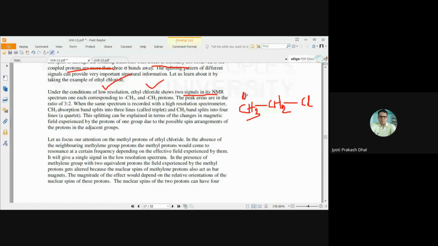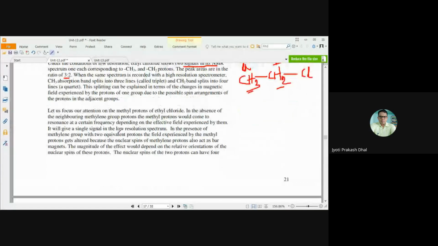The first is for CH3, 3 protons, and the second type of signal is for 2 protons, right? So two types of signal in NMR will be observed: one peak is for the CH3 group and another peak is for the CH2 group. The peak areas are in the ratio 3:2 because here 3 protons are there and here 2 protons are there.